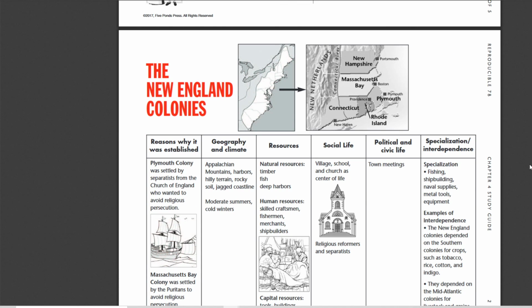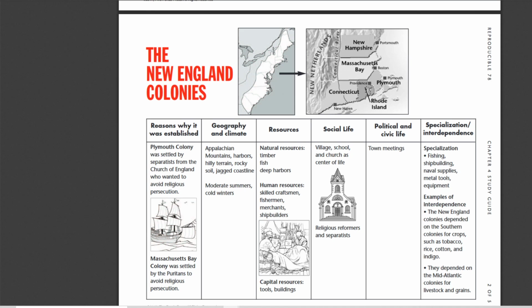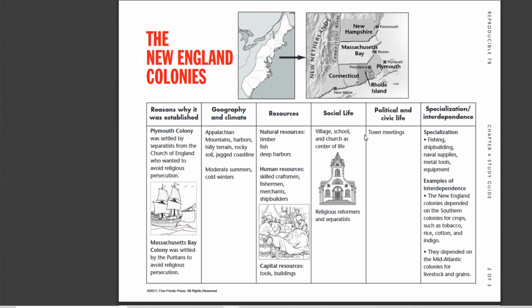So let's get to the colonies themselves. We'll start with the two regions that are in the north. We have the New England colonies, and you can see them here: New Hampshire, Massachusetts, Rhode Island, Connecticut, and they're up here in this part of the colonies.